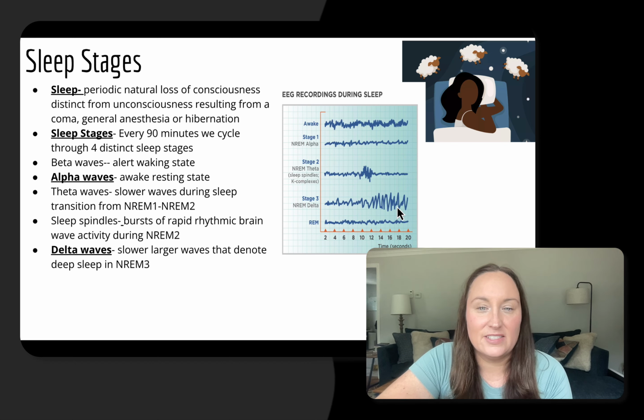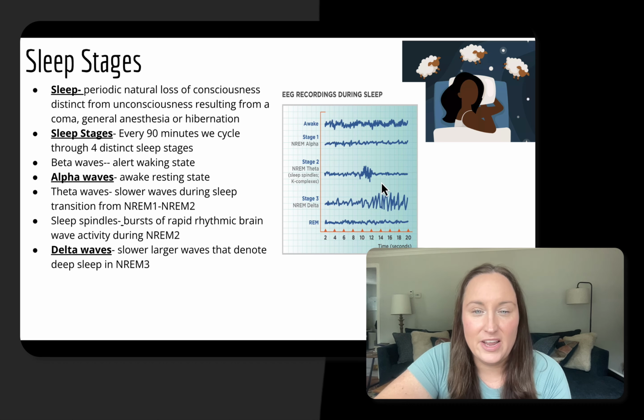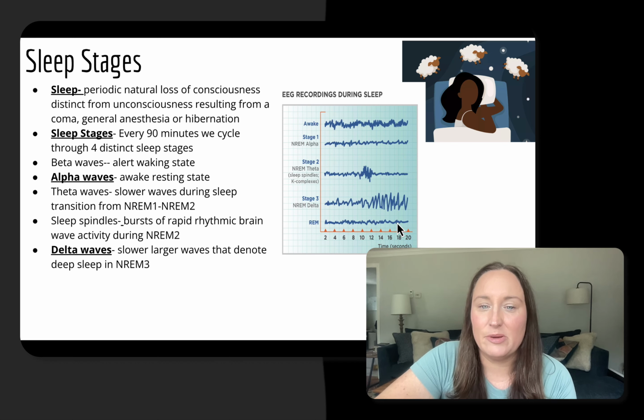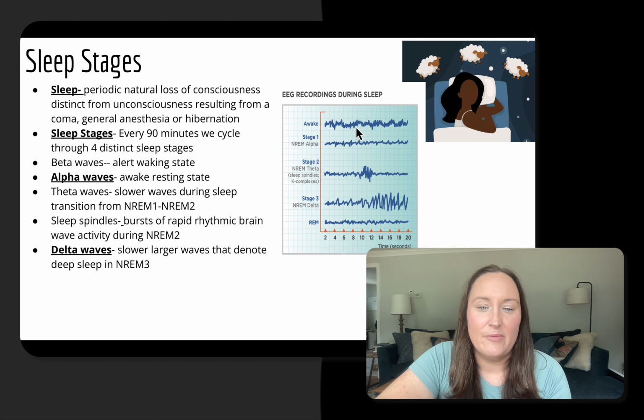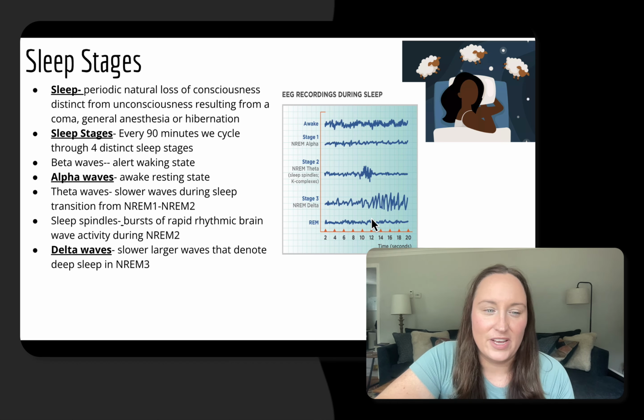So you can see that the EEG, sleep spindles look different at the different stages. And REM sleep, which is where we dream, rapid eye movement sleep, much more looks like stage 1 and awake, because our brain is being activated, we're processing information at that point.